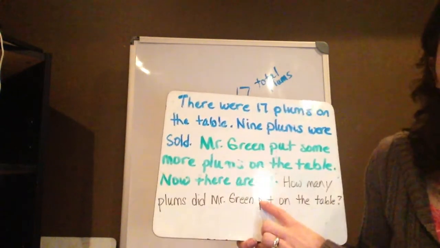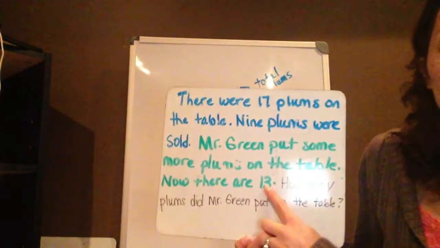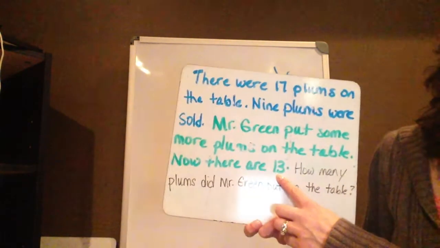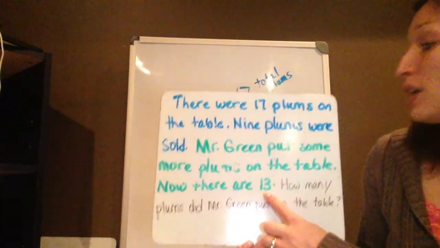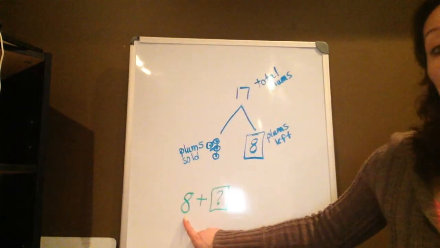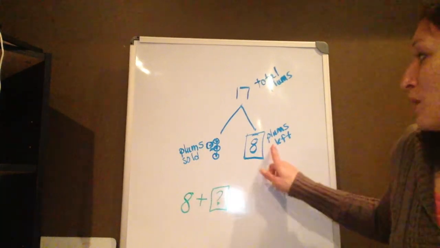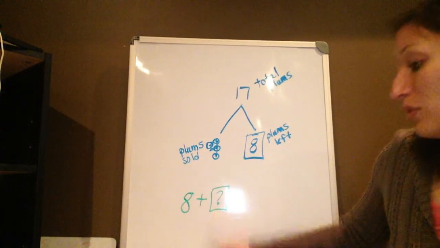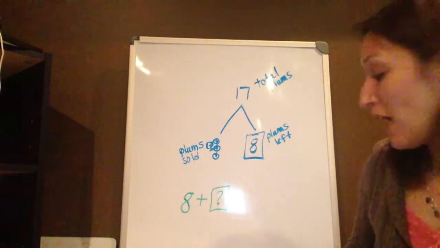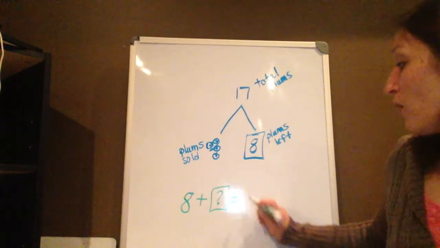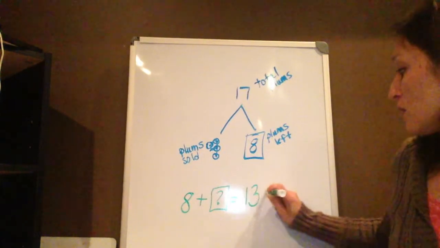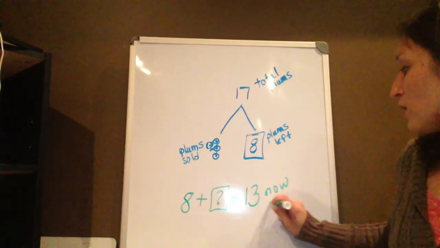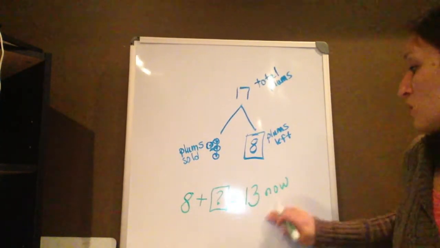Now there are 13. It's telling us the total after they put more on the table. So I know that my known part, 8, the plums that were left, plus however many they added to the table, when you put those 2 parts together, I know that now there were 13. Now this is our total.